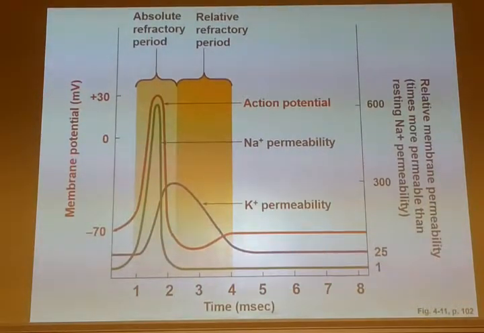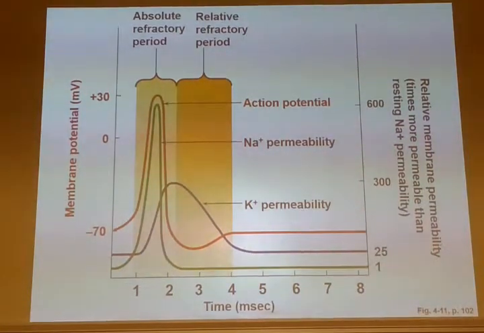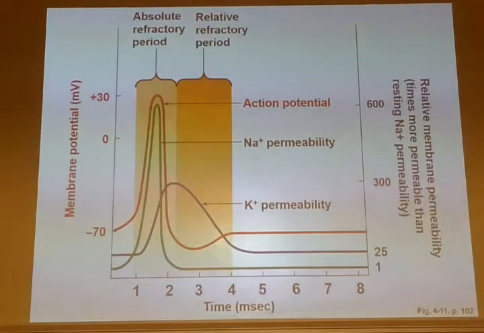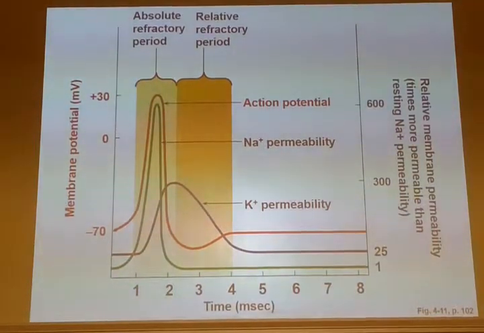Part of the reason why potassium moves out so fast is because you've got all that sodium inside and positive charges repel. So as you pump sodium out and there's less positive charge inside, the slope starts to get a little flatter, at the point where there's not enough positive charge inside to keep these channels open.